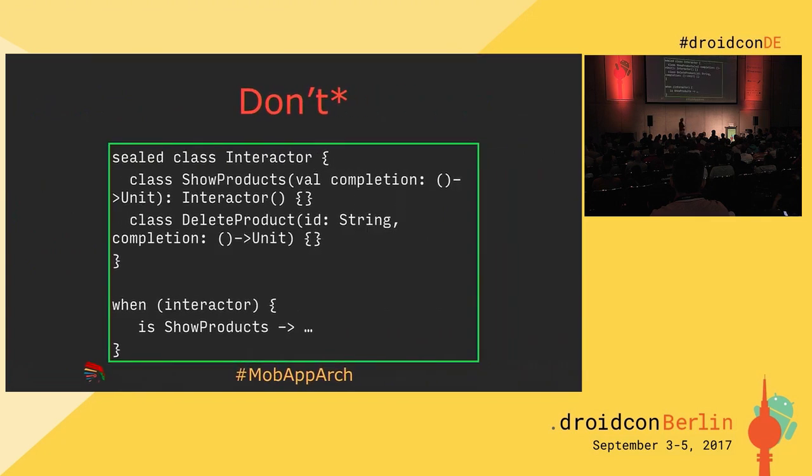However, so don't do this. Notice that I have put a star up there, meaning not that this is something that should not be done, but the code that I wrote there should be avoided if this is the only thing that you are doing with the sealed classes. If you are taking advantage of some other attributes of the sealed class, then go with it.